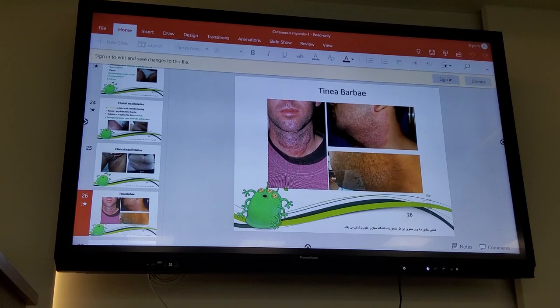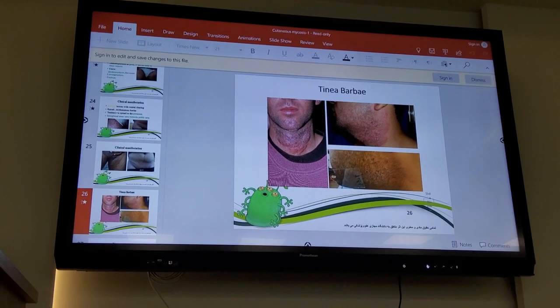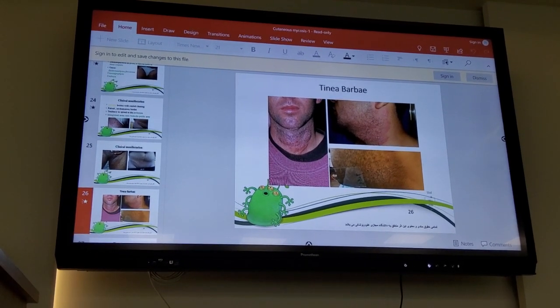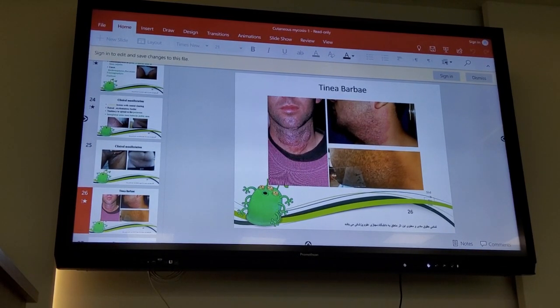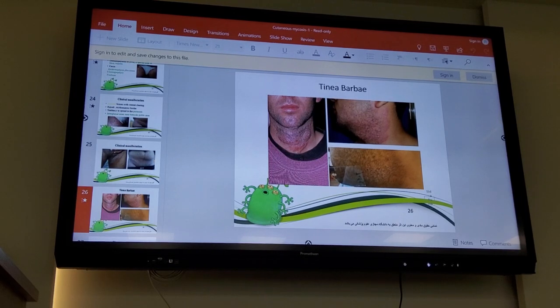We have two types of tinea barbae. First, superficial lesion. Superficial lesion means it involves the surface of the skin of the face without folliculitis.